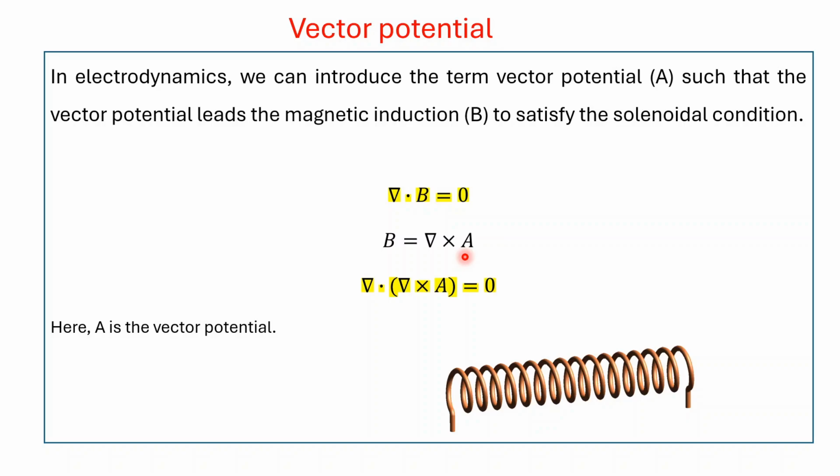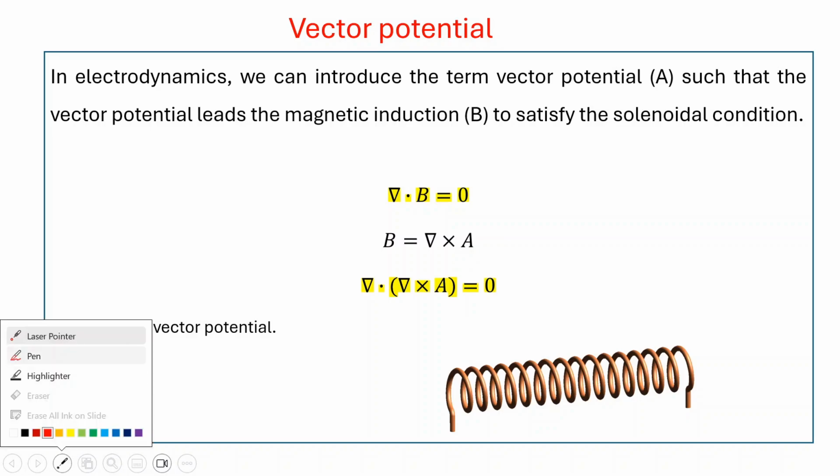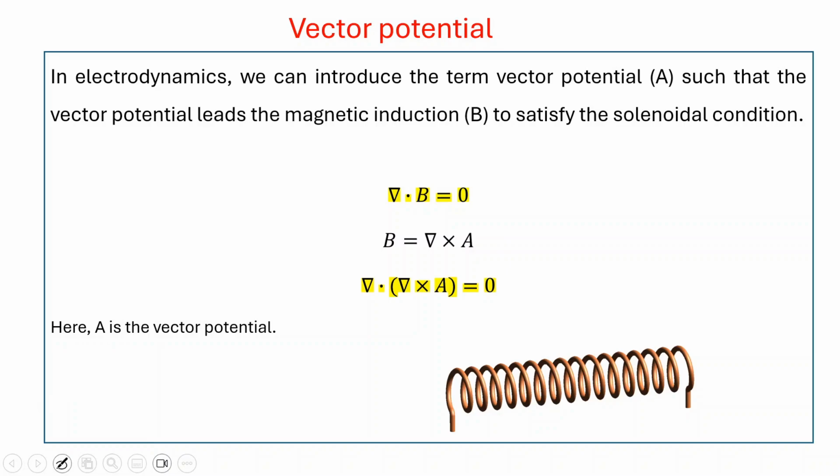Suppose curl E equal to 0 is taken for our consideration. Curl E equal to 0. This condition is called irrotational, because in order to study the rotational motion of fluid, we are taking curl.